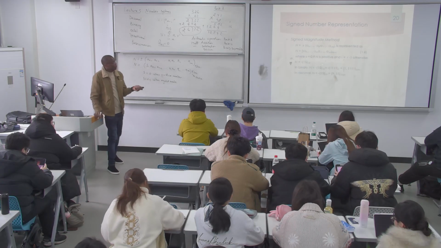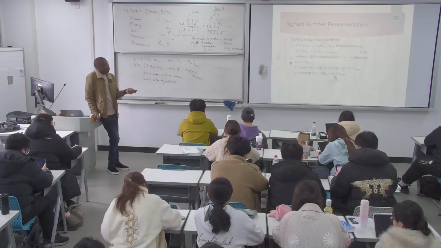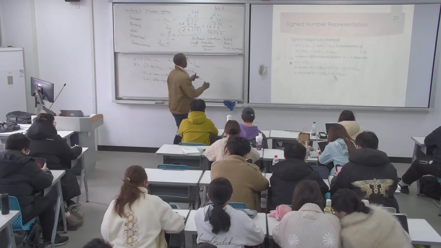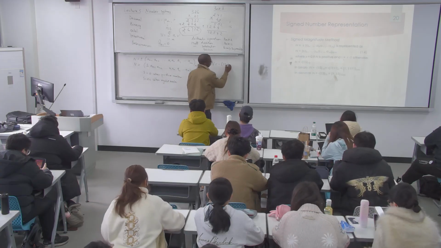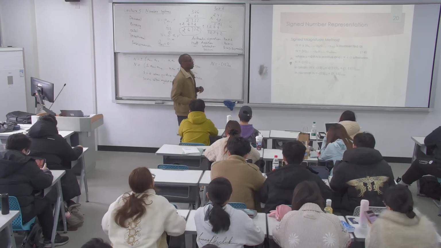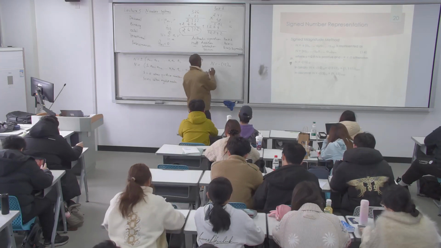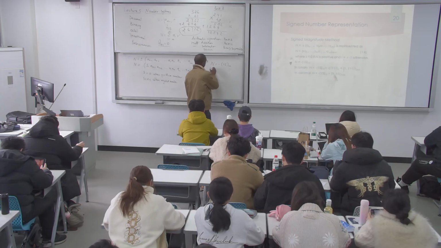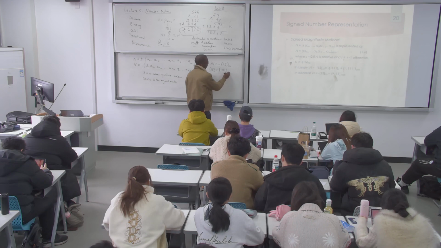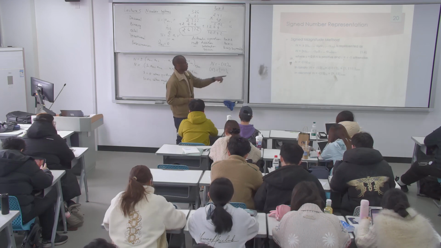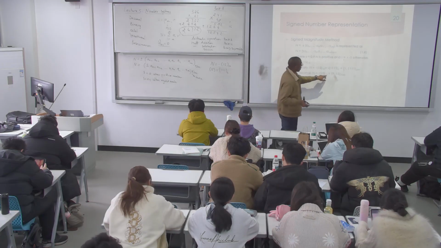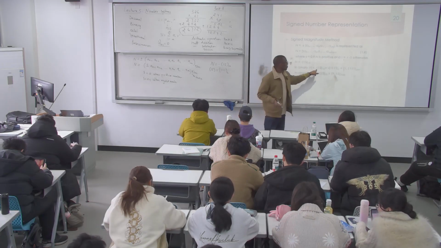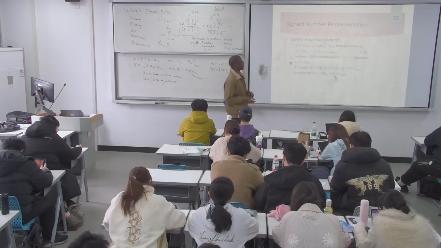So we have n equals 15, for example, in base 10. So 15 in binary equals 1, 1, 1, 1, right? Yes? Now, we want to represent minus 15 in binary.